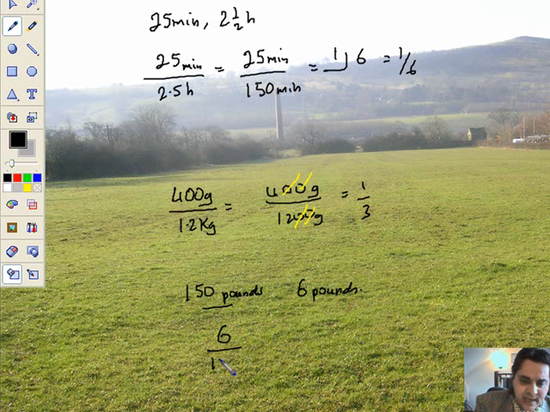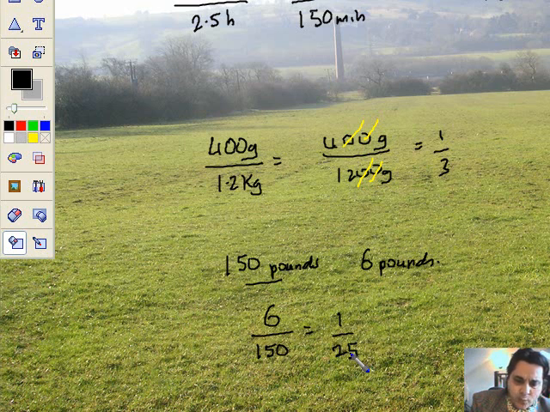So it's 6 out of 150, and now I'm going to simplify it using my ABC button because I can. So 6 ABC 150, equals, oh look, 1 over 25. So a 25th of the weight of a pig is its tummy. That's probably why they call it a pig.